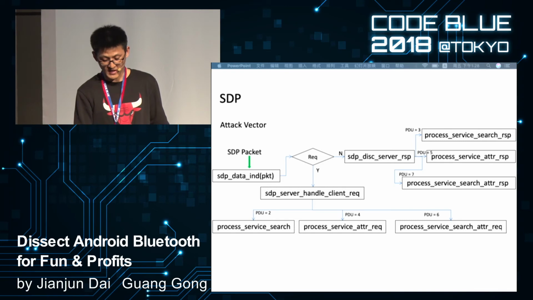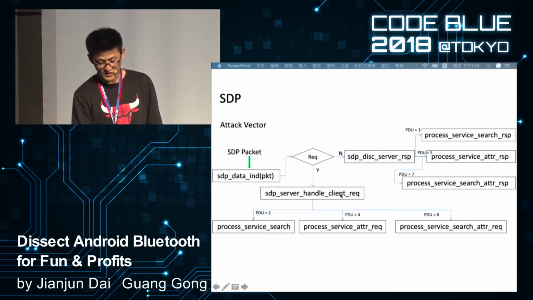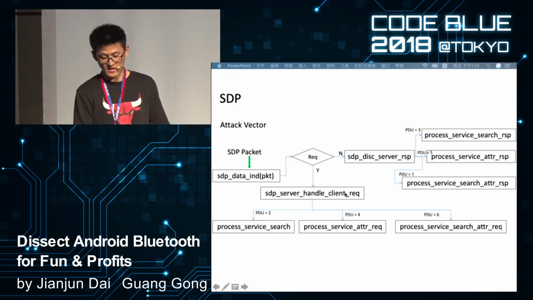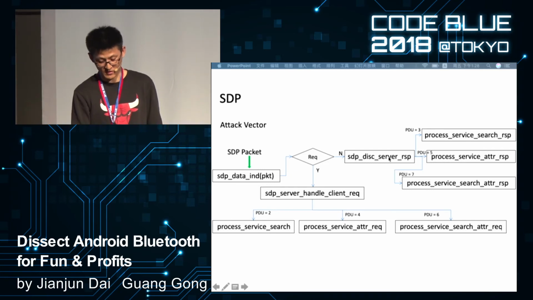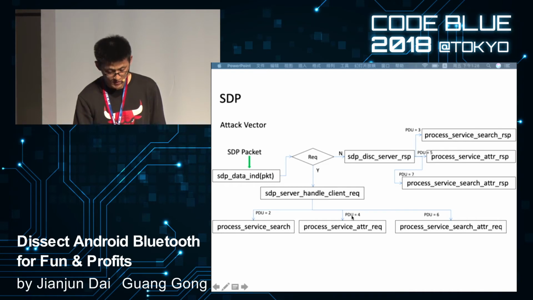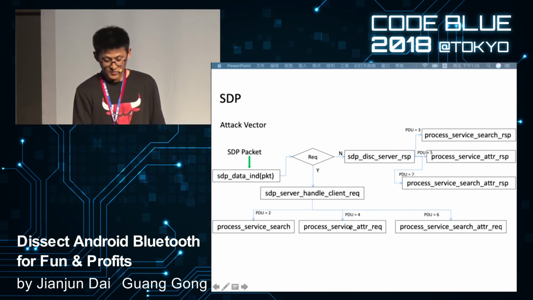In function sdp_server_handle_client_req, it calls different handlers according to different PDU, the same as function sdp_disc_server_rsp. For example, if PDU is 4, process_service_attr_req will be invoked.